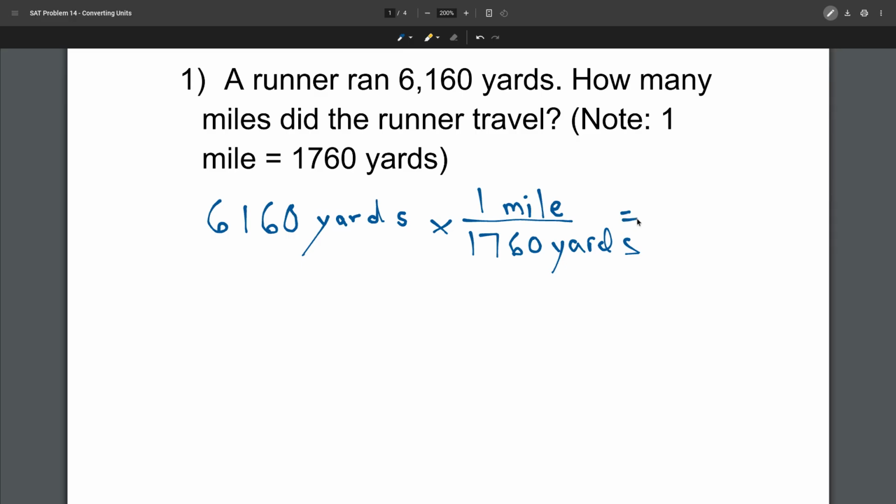Okay? So notice here, we could write this as a fraction dividing by 1, because anything divided by 1 is itself. So we could multiply this across. And when we do that, we'd have yards mile over yards. The yards, therefore, cancel out. Okay, and we're left with the units of miles. So we have 6,160 miles over on the bottom 1 times 1,760.